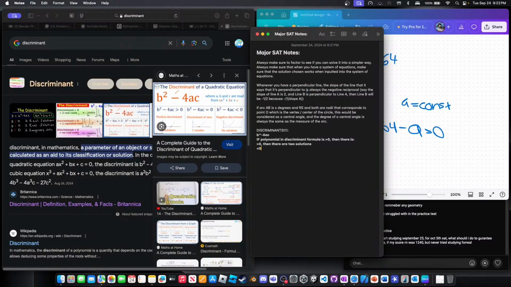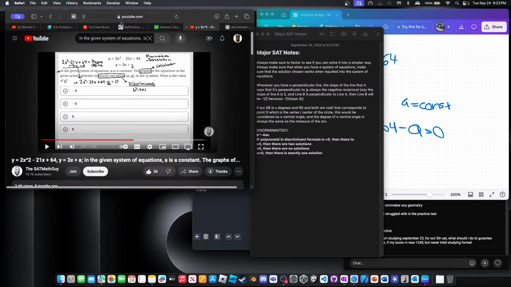Less than 0, and there are no solutions. Equal to 0, then there is exactly one solution. That would explain this, right?